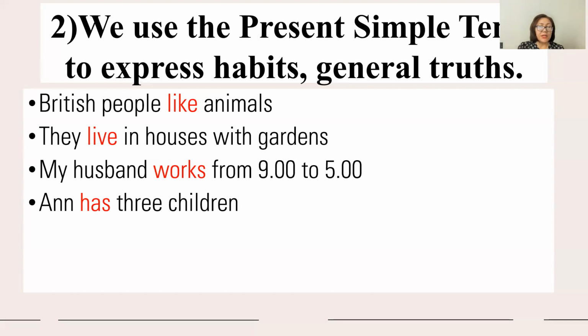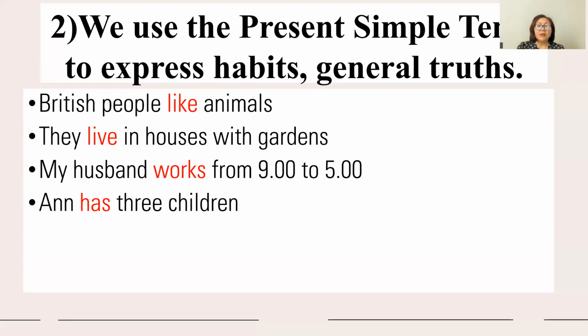For example, here you can see 4 examples. British people like animals. Everyone knows that British people like animals. It is a general truth. Everyone agrees with this statement. They live in houses with gardens.